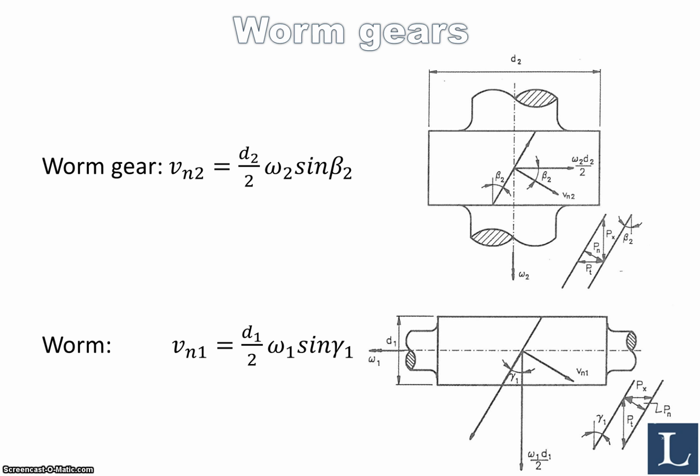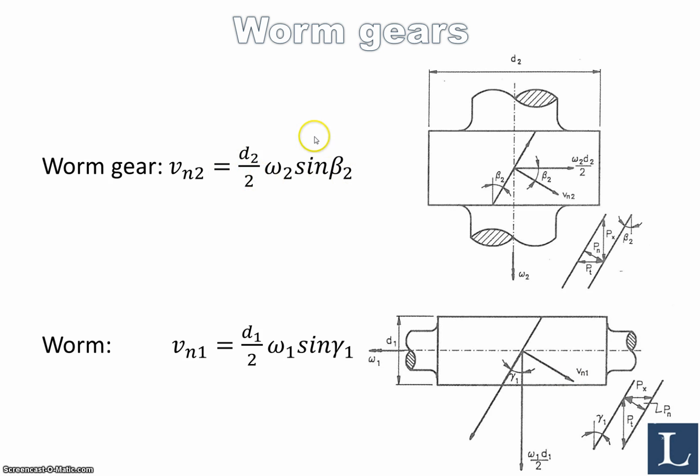These 2 figures show the velocities and the different angles of the worm gear and the worm. Vn2, which you have right here, would be equal to Vn1, which you have down here for the worm.